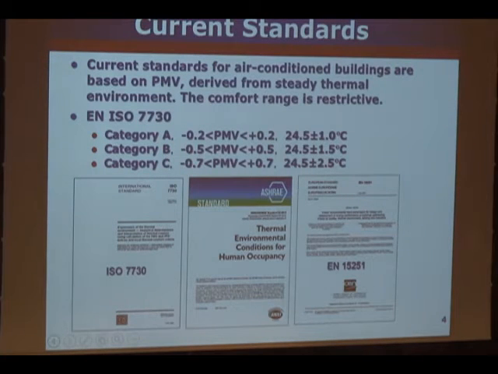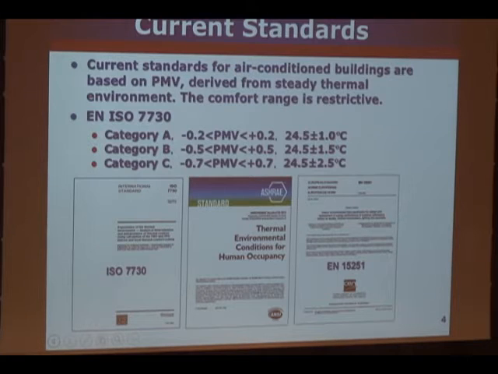Let's look at the current standards in the world. Here we show the ISO and ASHRAE standards, the European standard, and also the Chinese standard. All the current standards for thermal comfort in air conditioned buildings are based on PMV. PMV is derived from the stable thermal environment created in a climate chamber. So the comfortable range is quite limited.